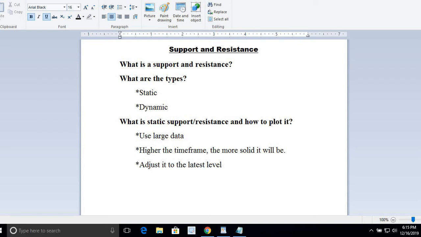So before getting to the topic of how to plot the support and resistance, first we'll understand what is a support and a resistance. I have seen many traders plotting or drawing multiple lines in their charts and claiming that to be a support and a resistance, and they do expect the script to respect it.